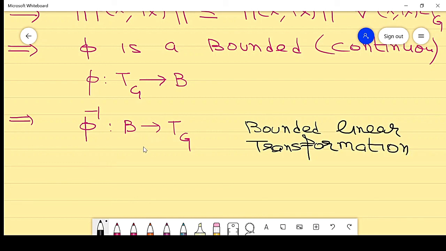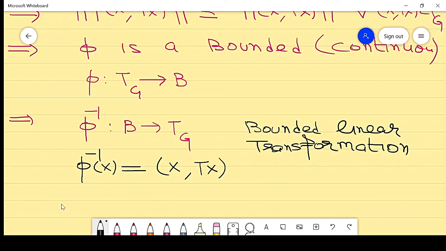Clear? So what is phi inverse x? By definition, phi inverse x is equal to (x, Tx). So remember this, phi of this is equal to x.